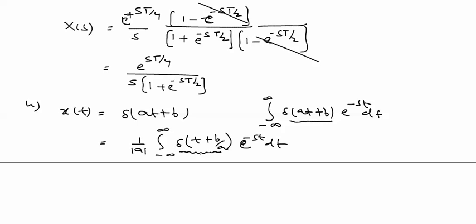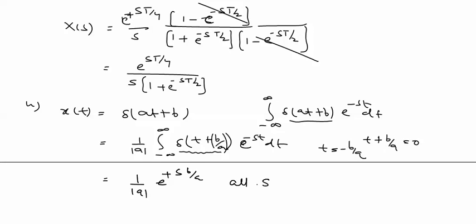In this case the impulse is located at t plus b by a equals 0, so t equals minus b by a. So we put directly into the expression and we get the answer e power s b by a, which is positive for all s.